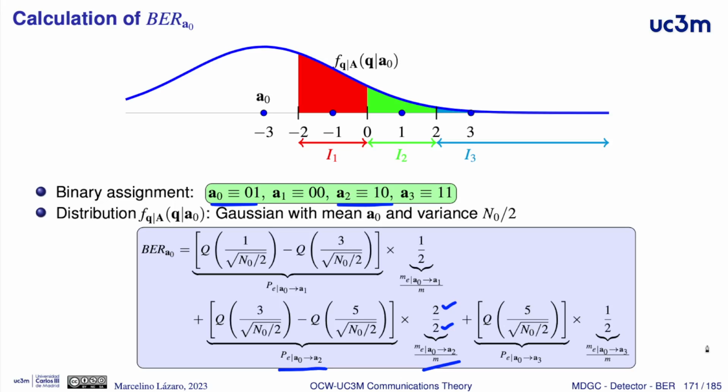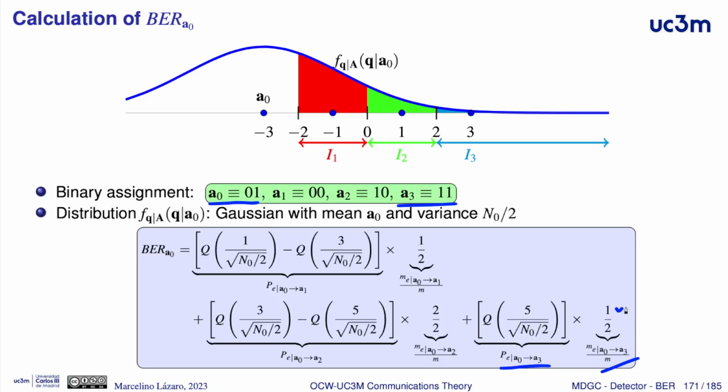And finally we have the probability of deciding A3 when A0 is transmitted times the number of errors that we have in this decision divided by the total number of bits. If we transmitted A0, the information bits were 0, 1. If we decide A3, the information bits are 1, 1.